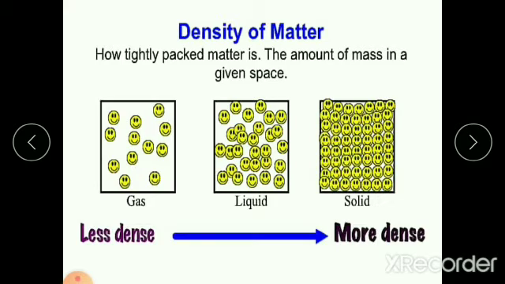Therefore, a substance is highly dense in solid state, less dense in liquid state and still less dense in gaseous state. So the solid state has more density than the liquid state, and the liquid state has more density than the gaseous state.